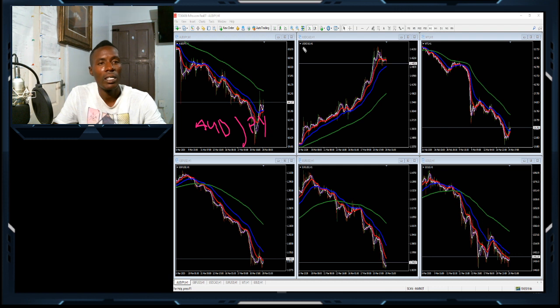And I have the dollar CAD, WTI, gold right here, euro dollar, and pound dollar, right? So this is how I scan the market to see what the trend is, so I can wait for a pullback and set up my trade to execute. So this is the basic layout of how I have it.